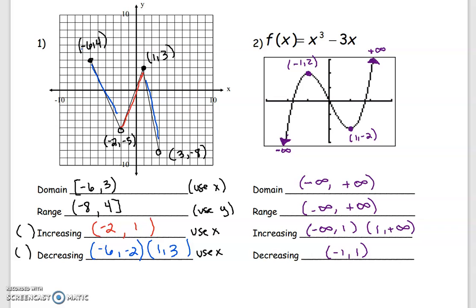Y's, again, we're going to go all the way forever down and all the way forever up. So -infinity to positive infinity using parentheses when we use infinity because it's not going to ever stop or include a value. And then we always use parentheses with increasing, decreasing. We are increasing in this section, so -infinity all the way up to 1, and then from 1 to positive infinity. And then we're decreasing from -1 to 1.